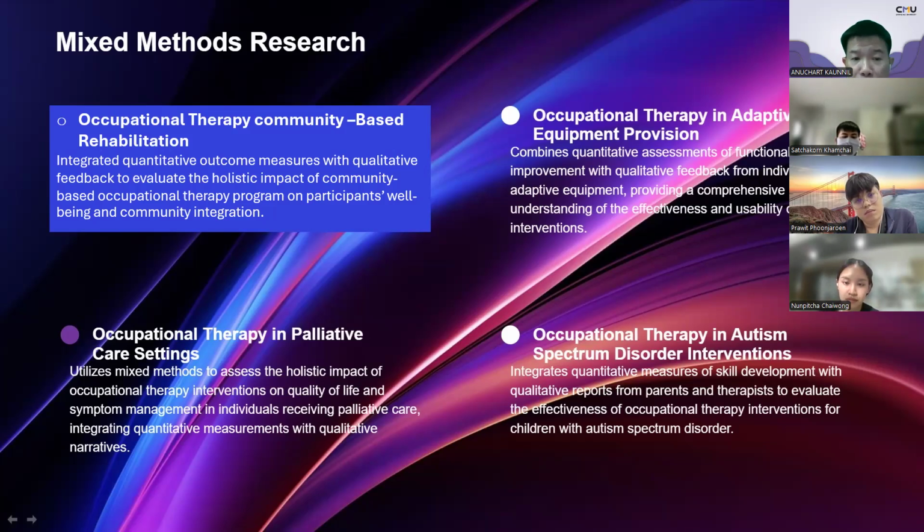Some people we can interview, like OT in a palliative care setting. Some people have chronic stroke, or they have cancer, they are chronic already. We need to know not just the numbers. We can use mixed methods to assess the holistic impact of OT intervention and quality of life with symptom management and palliative care, and integrate with qualitative data drawn from their narrative, from their story.